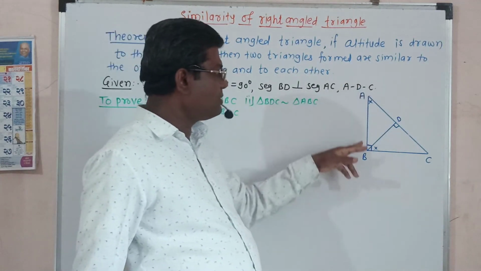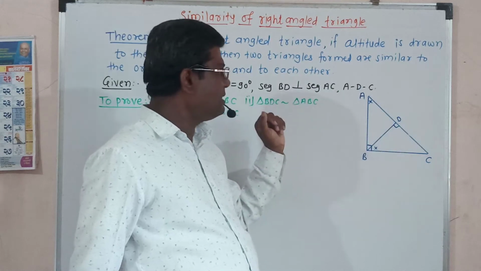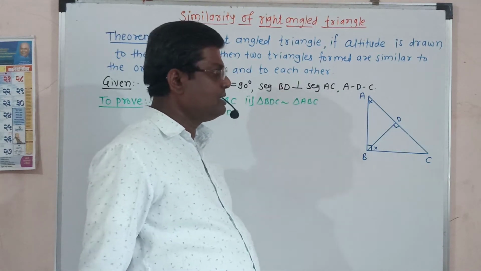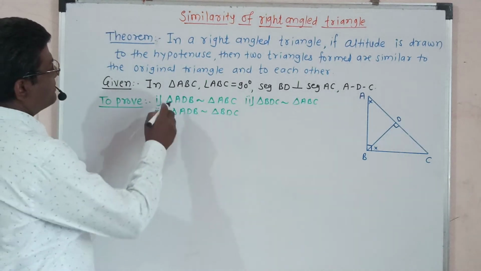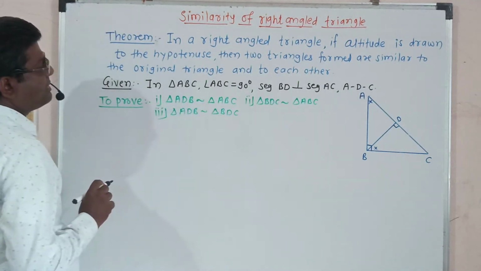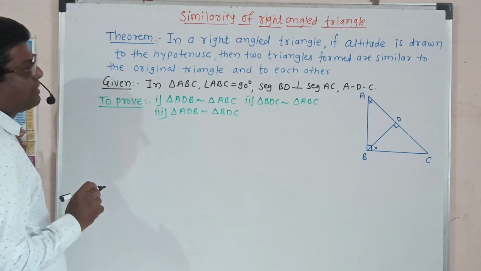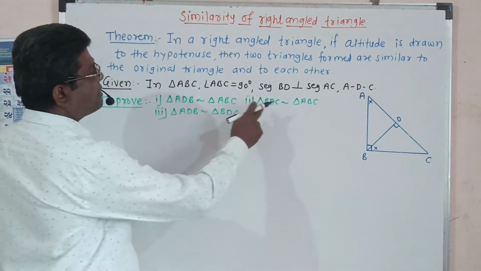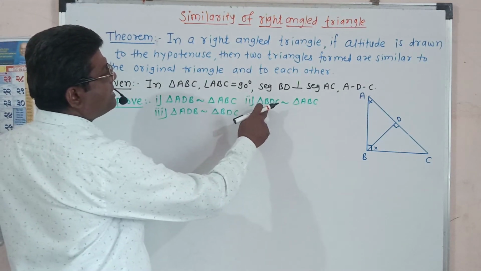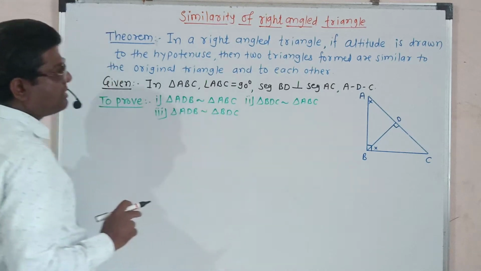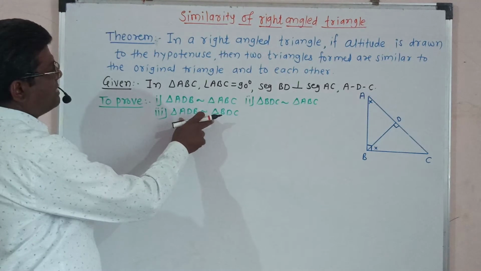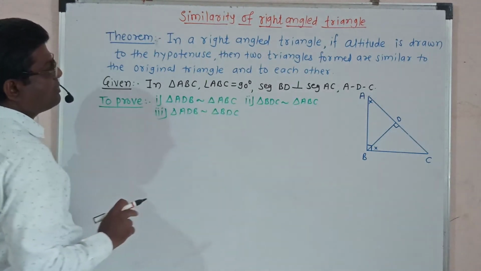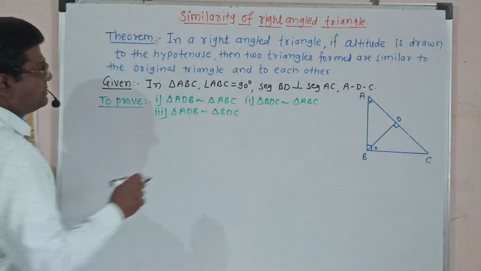They are similar to original triangle ABC and also each other. Now we have to prove that triangle ADB similar triangle ABC. Then we have to prove that triangle BDC similar triangle ABC, and hence triangle ADB similar to triangle BDC.